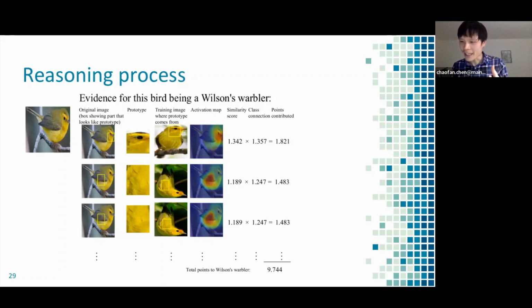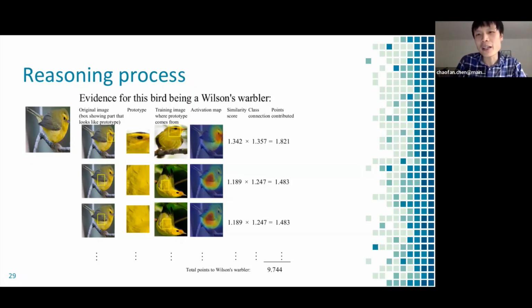And in this particular case, the network thinks that this is a Wilson's warbler. And again, right, we can see that the head part looks like a Wilson's warbler's head, and the wing looks like a Wilson's warbler's wing.